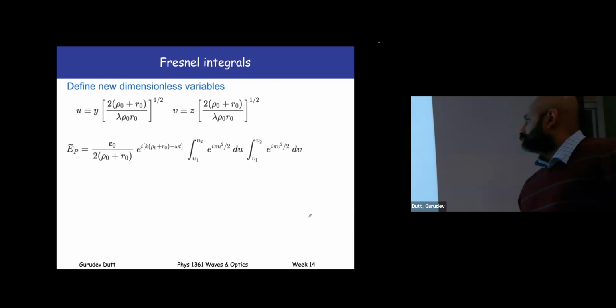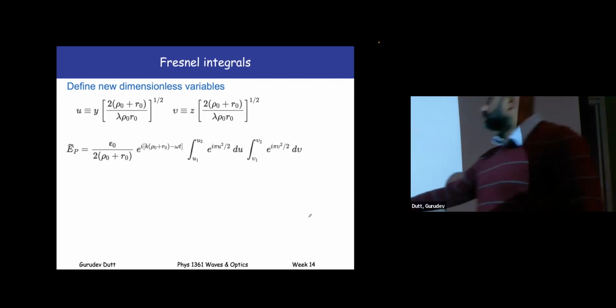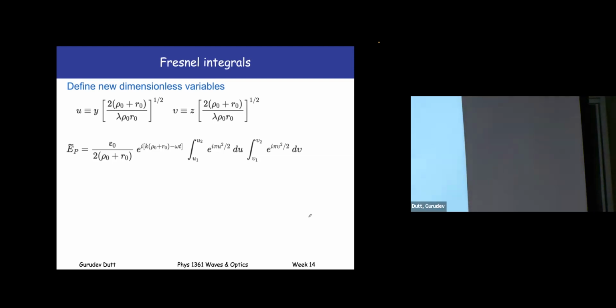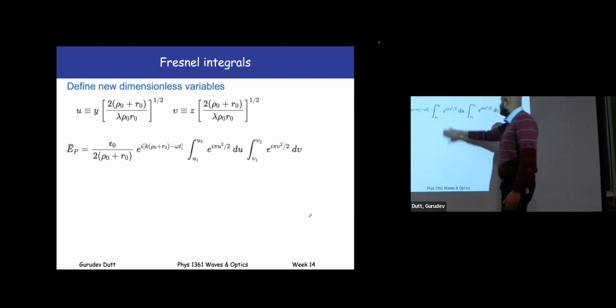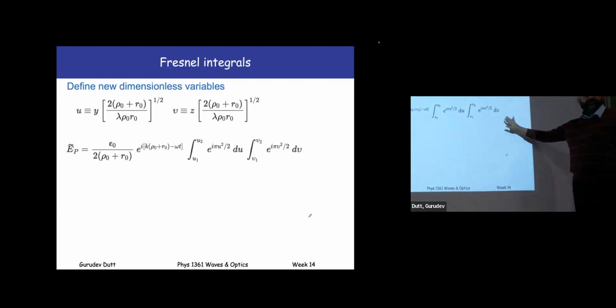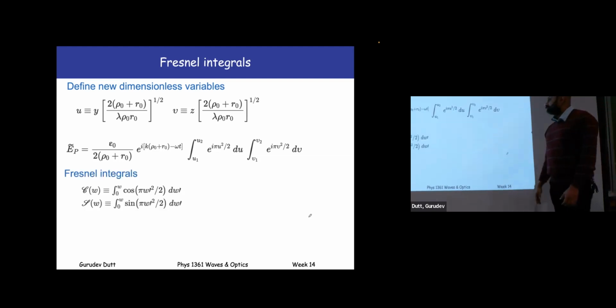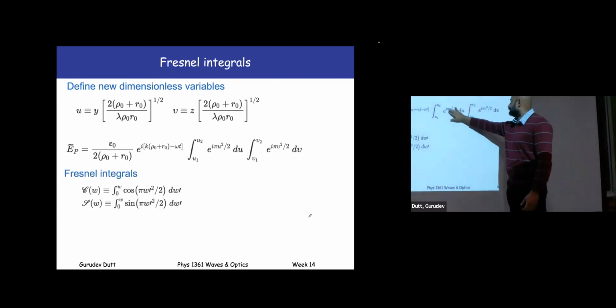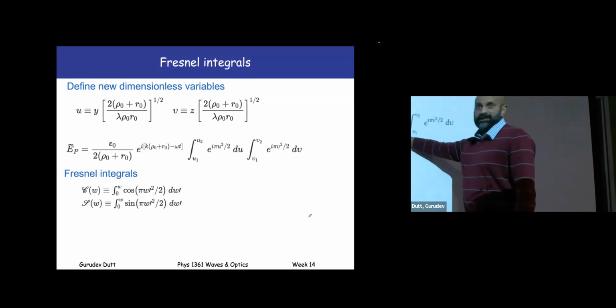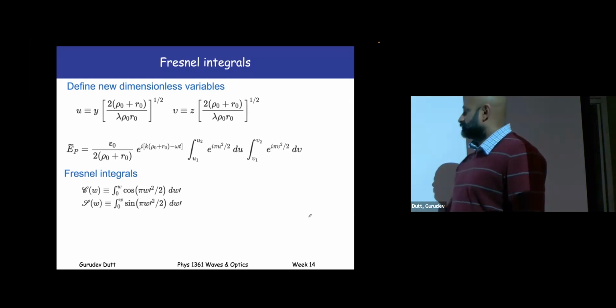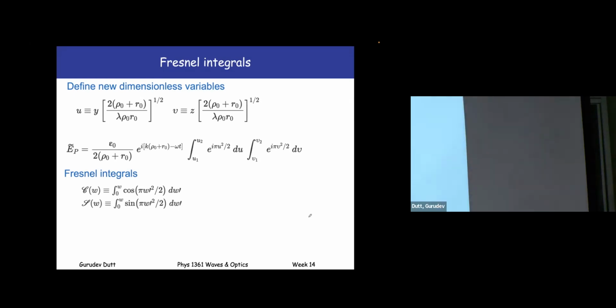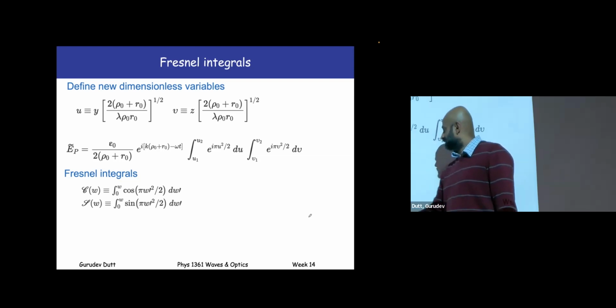Now you see everything up to here is just the same as a wave that went straight from the source to the point P, but this part over here modifies the amplitude of the field. These are called the Fresnel integrals. As you can see, this is the complex version of those Fresnel integrals. The Fresnel integrals are basically the integral from 0 to w of cosine of pi w prime squared, or cosine of pi x squared over 2, dx.